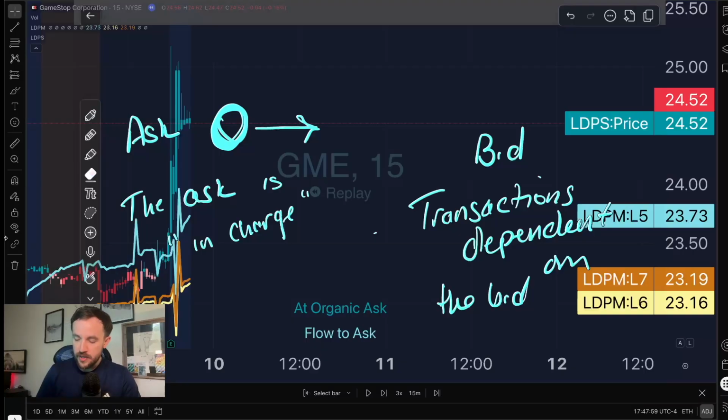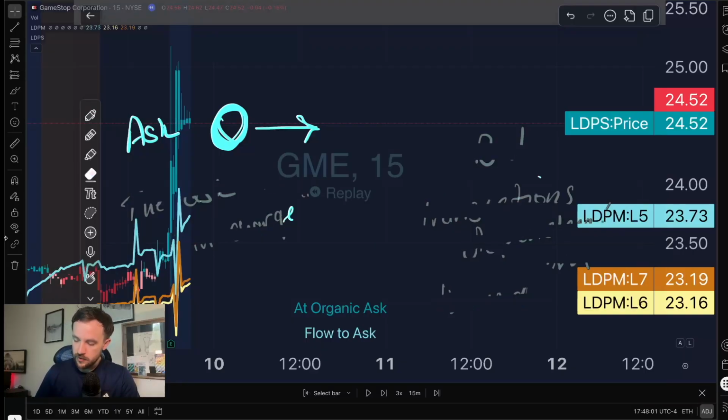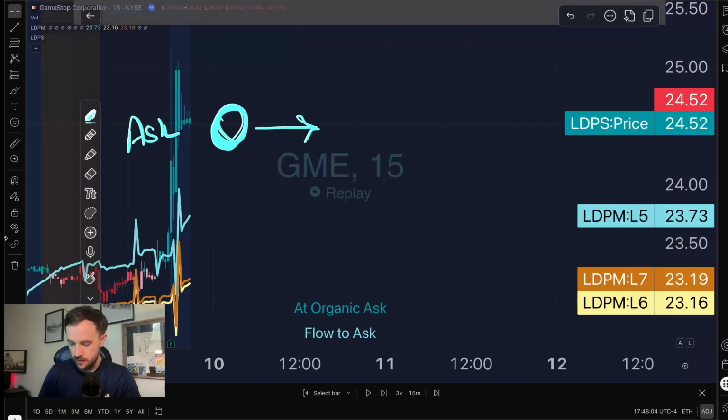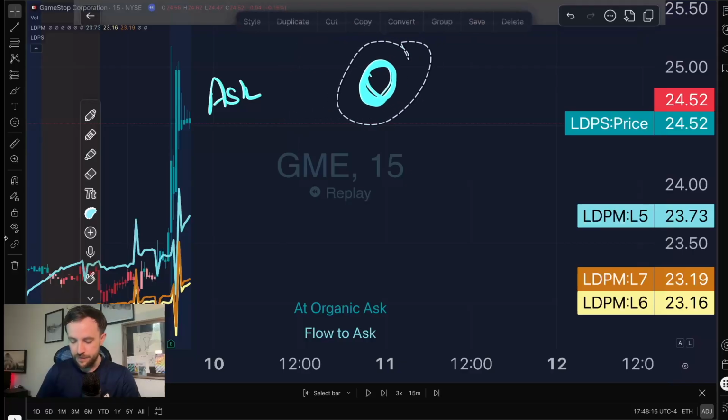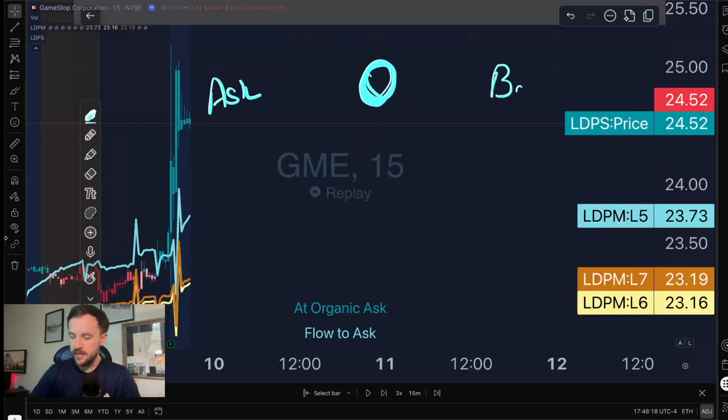So we know that liquidity, let's leave this up. If we envision liquidity as a sort of nexus, it's kind of the word that always comes to my mind, like the font of liquidity, it's somewhere between the bid and the ask, mathematically. It can move either way.